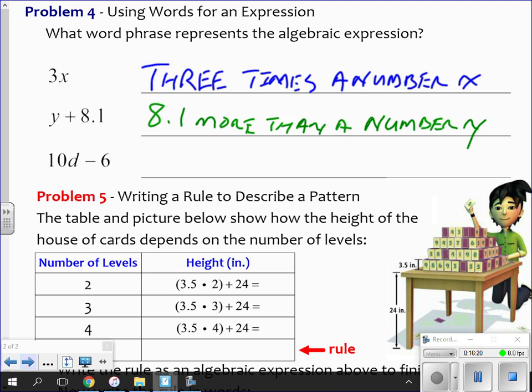That's what we've seen most. Could I start with the 10d, 10 times d, and then take 6 away from that? I could do that if I wanted to. So if I wanted to, I could go, okay, 10 times a number d minus 6.